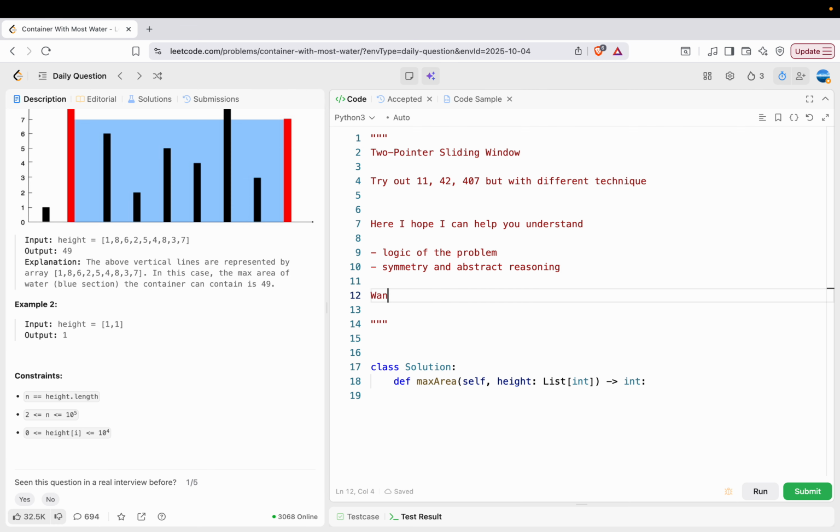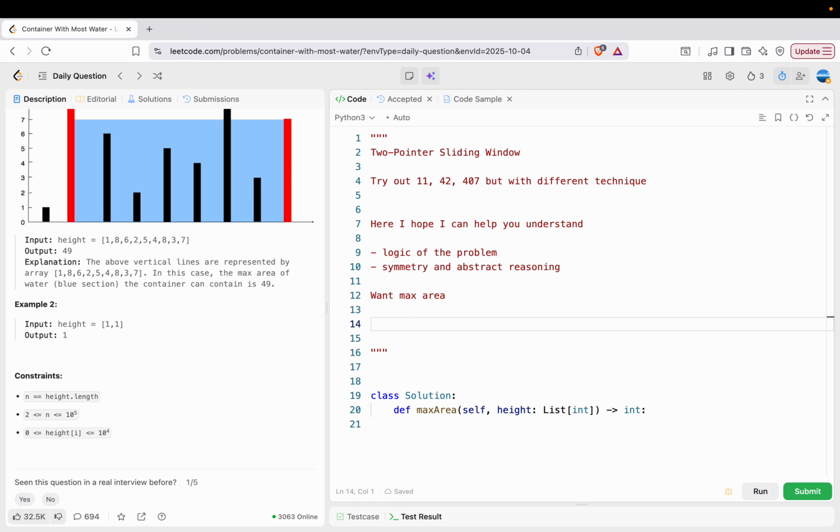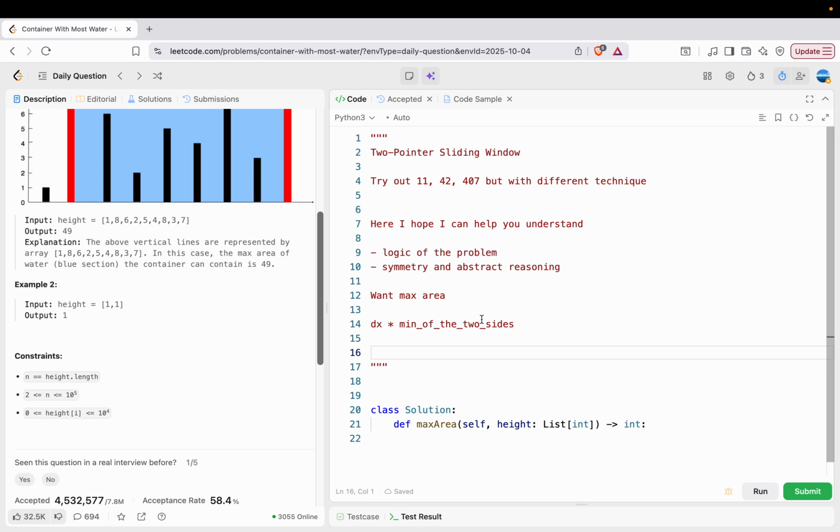What we want is to maximize the area, right? So we know the area will be something like this. It will be the width, let's call it dx, times the minimum of the heights of the two sides you're going to choose, right?